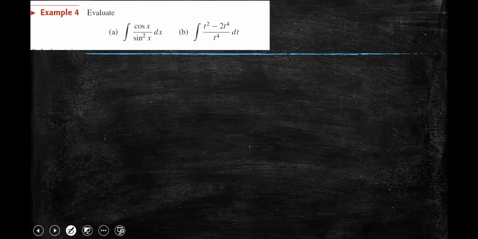Now let's deal with some more. Look at a here. Here we have cosine over sine squared. How can we find its integral? There's no integration rule for sine squared, and we didn't talk about the division of integration. So what do we have to do? Shall I distribute the integral sign?